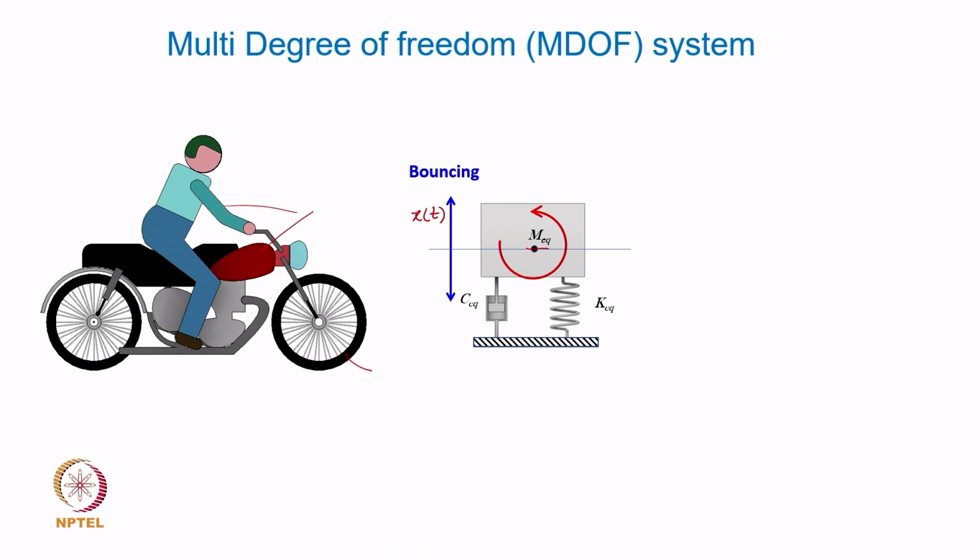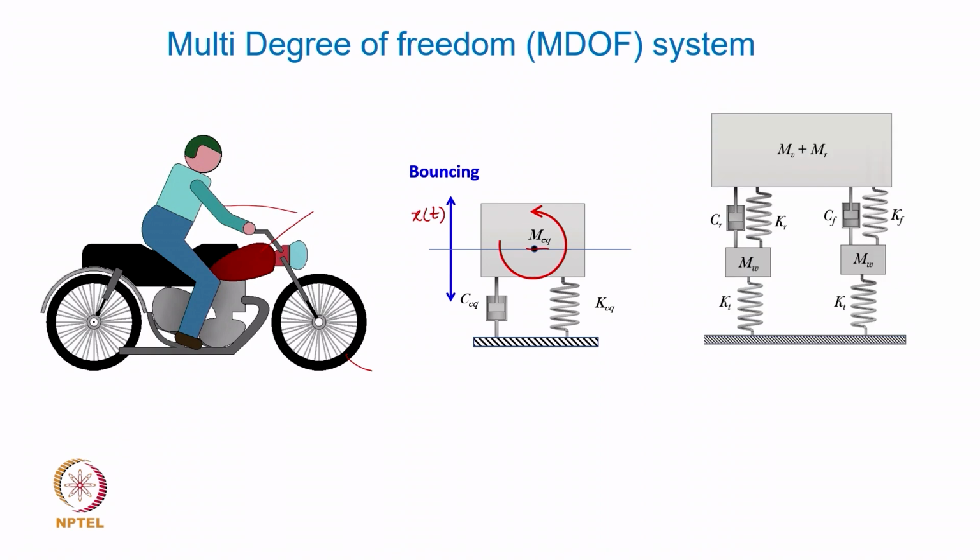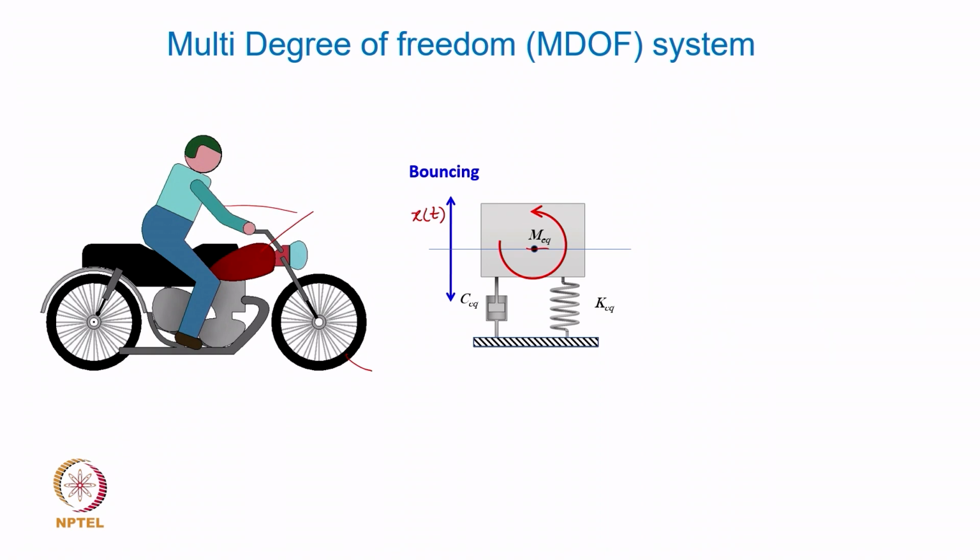Imagine you are cruising and suddenly start braking your vehicle; you have all experienced the kind of pitch motion, or a tilt motion, of the entire chassis apart from the vertical motion. So, this motion which is now shown here is called the pitching motion, and then you can have this system modeled with 2 degrees of freedom, maybe x of t as well as theta of t.